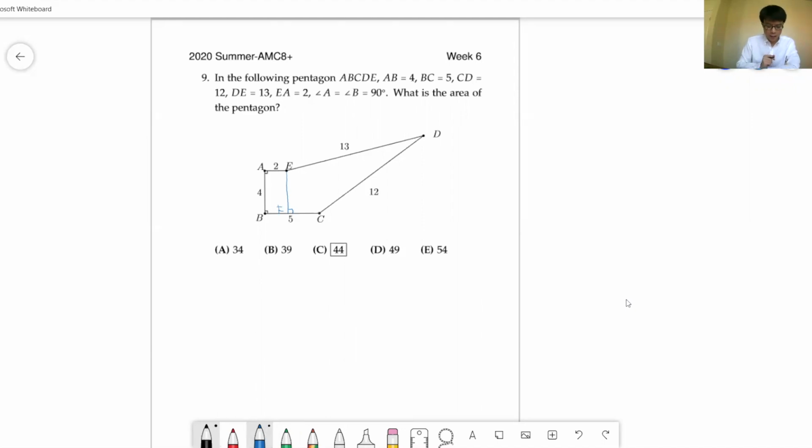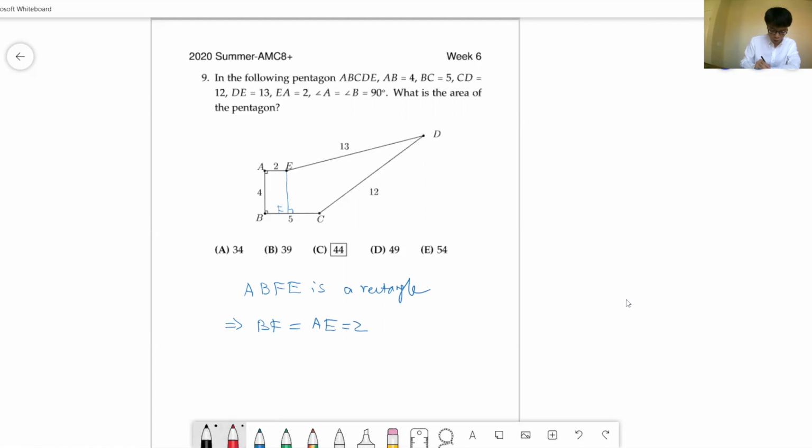We know that ABFE is a rectangle. That means BF equals AE equals 2.